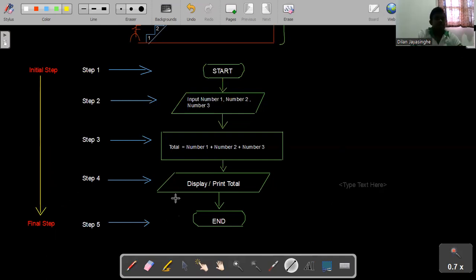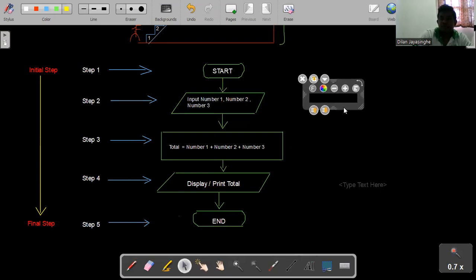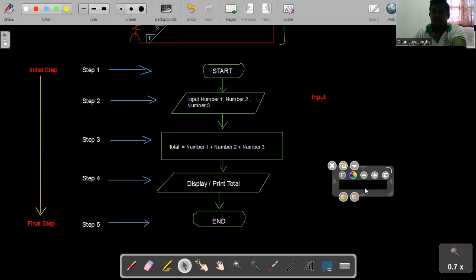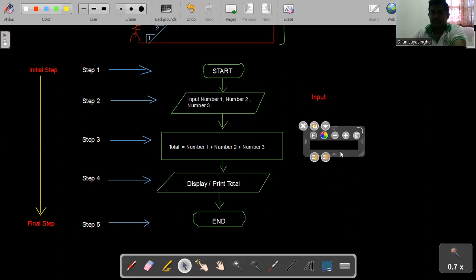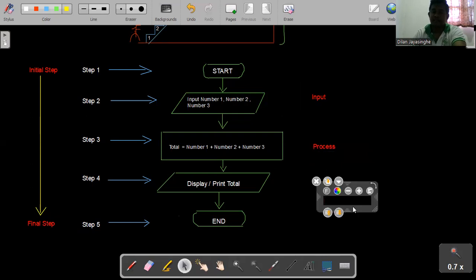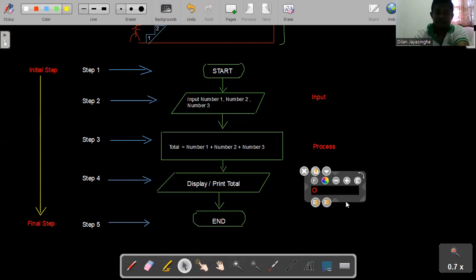Right? Then this is input. This is process, and this is output.